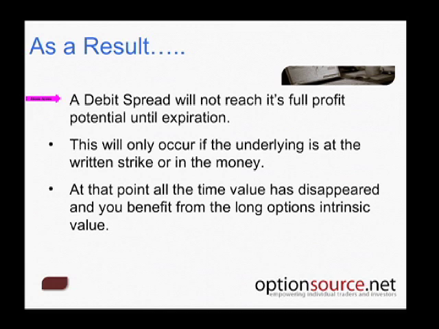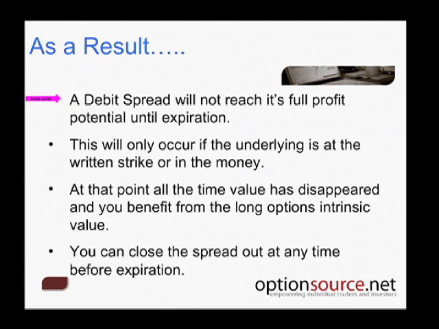All of the implied volatility premium that was factored into the option contract will have disappeared, and you will only be left with the intrinsic value of your long call option, or your long put option, and then you subtract the intrinsic value of your short call or your short put. That's going to leave you with the spread differential that you created, and your profit is, of course, the spread minus the premium that you paid.